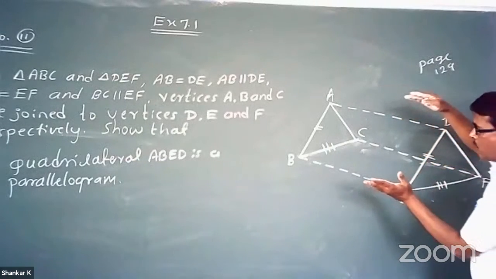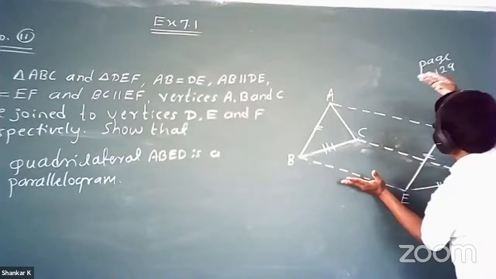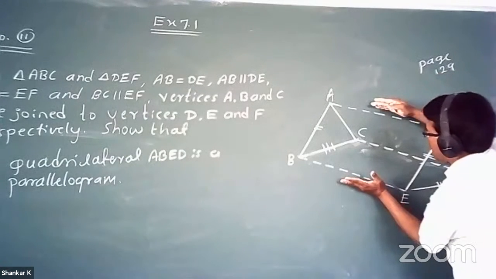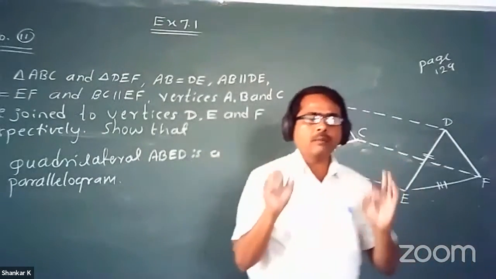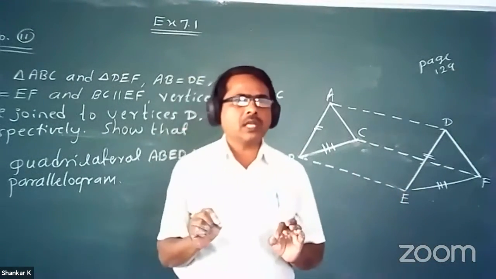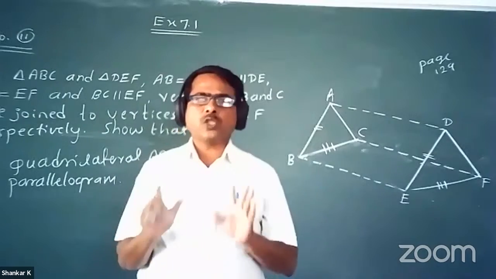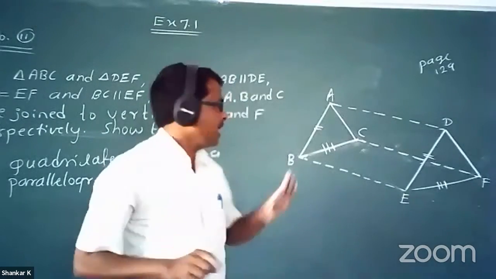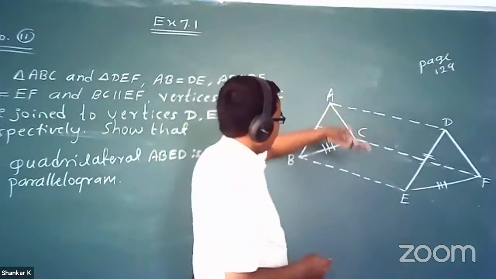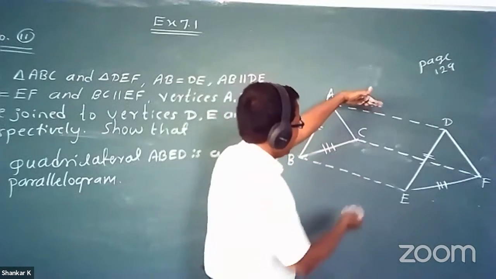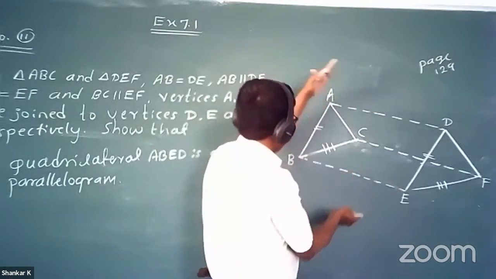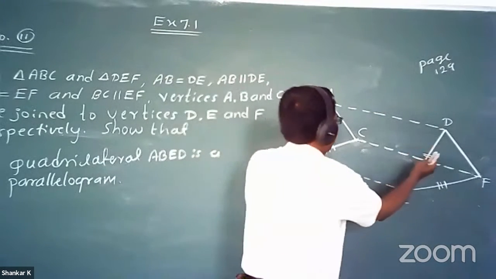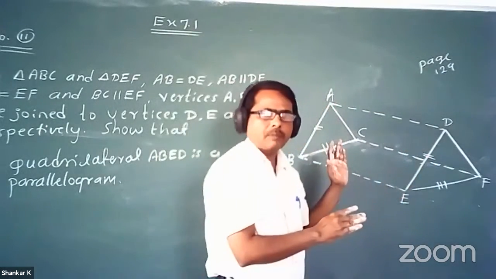But if you show that BE and AD are equal and they are parallel, then also it is a parallelogram. The definition is that opposite sides are parallel. Here are the opposite sides.